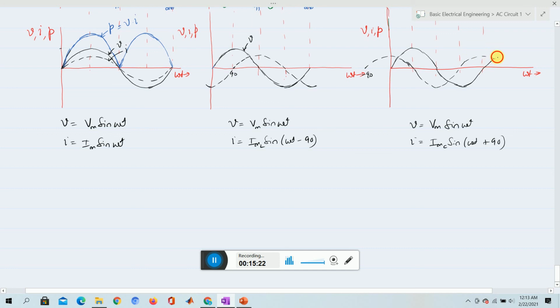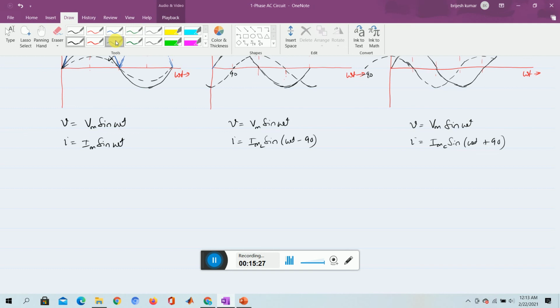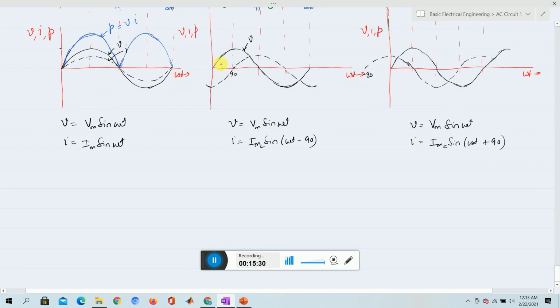Okay, so let me draw it here. You have the voltage and current, so let us draw the power waveform. Here voltage and current are opposite: voltage is positive, current is negative, so obviously the power is negative. Here voltage and current both are positive, so the power is positive. I'm making the height a little more so that it is clearly visible.